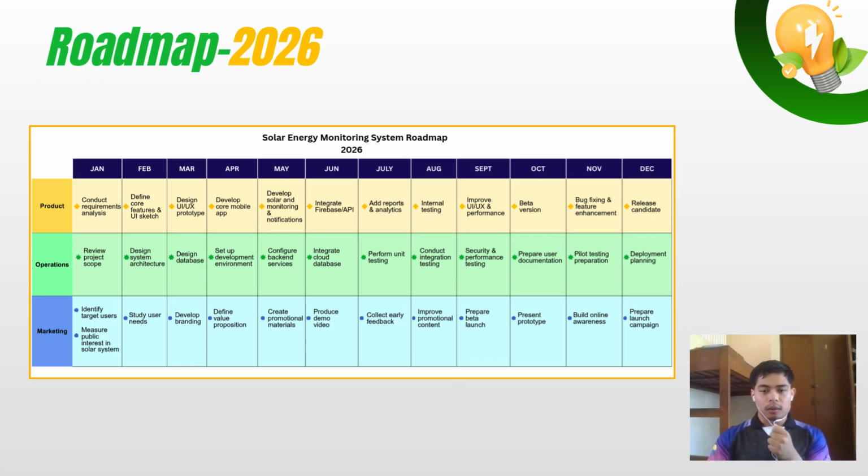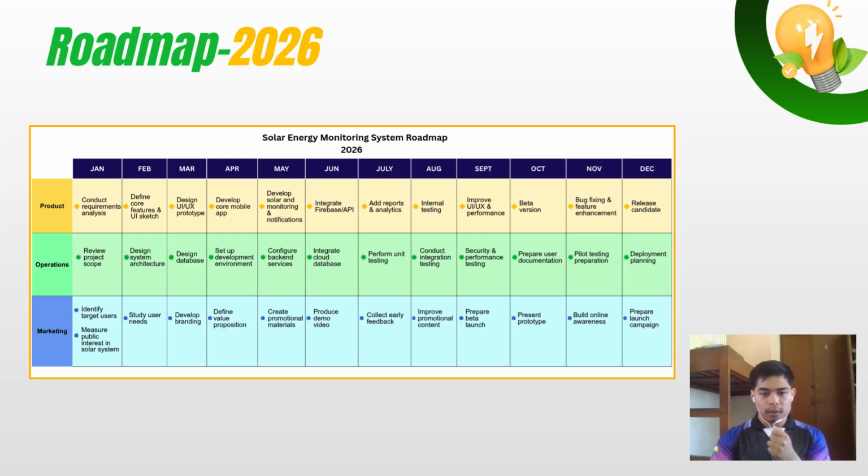From April to August, the project moves into a development and testing phase, where the main application, solar monitoring features, database connection, reports, and yearly testing are developed. At the same time, marketing activities support the project through promotional materials, demo preparations, and yearly feedback collection.